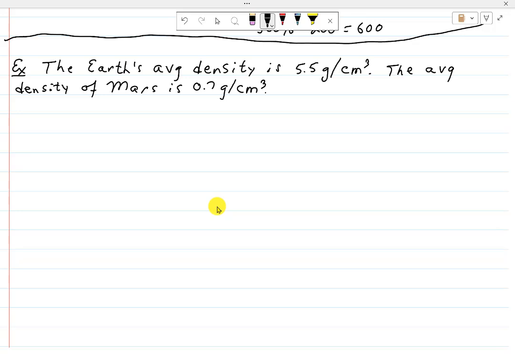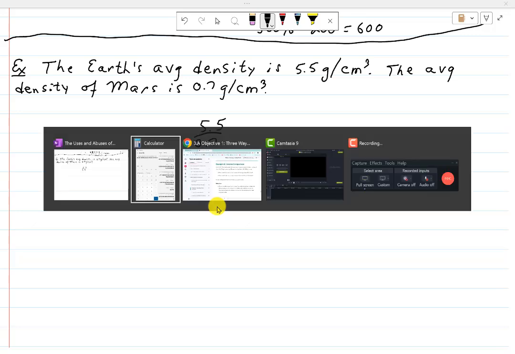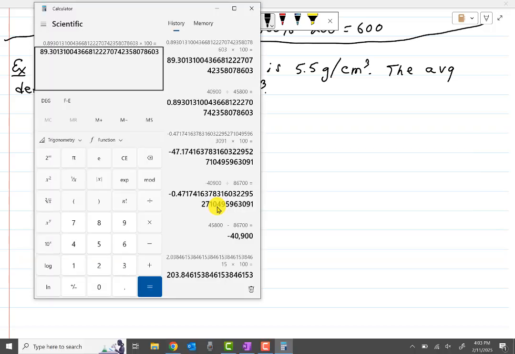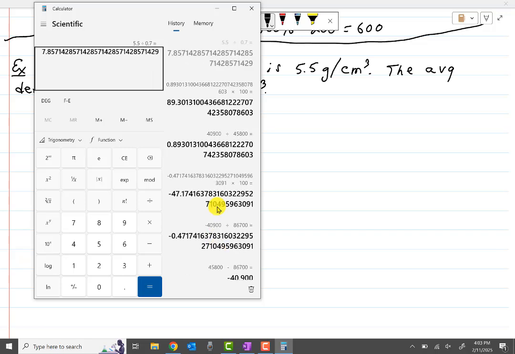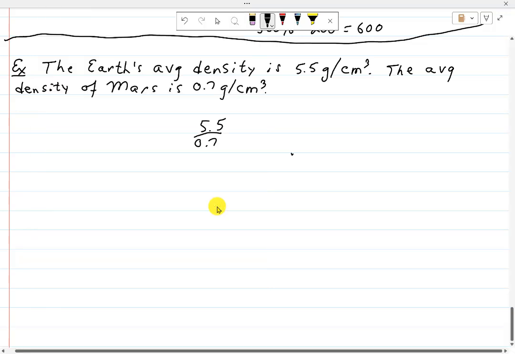Now, when I take 5.5 and divide it by 0.7, let's get that calculator. That's roughly 7.9.